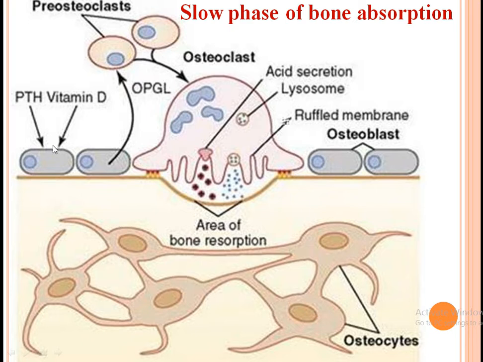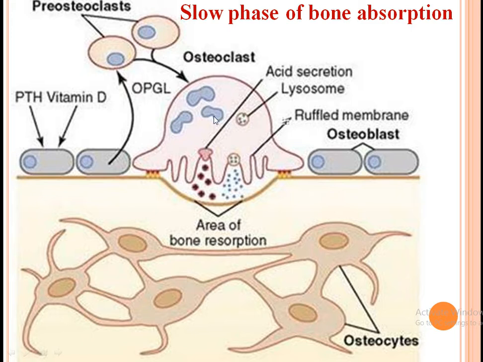What happens under the control of the parathyroid hormone and vitamin D when they act on these osteoblasts? They release a very specific substance called OPGL, and this converts pre-osteoclasts into osteoclasts.